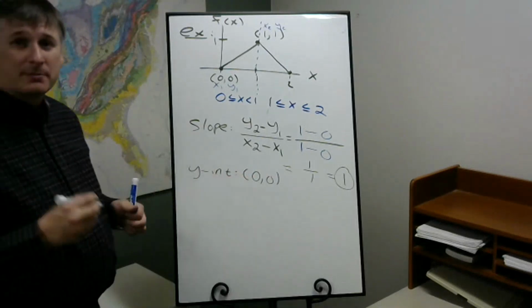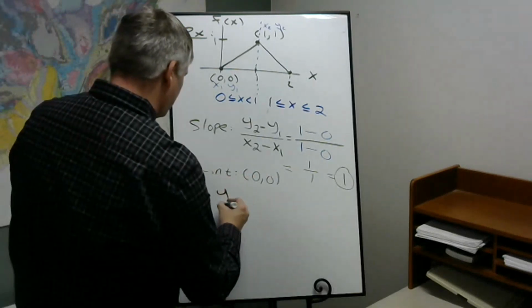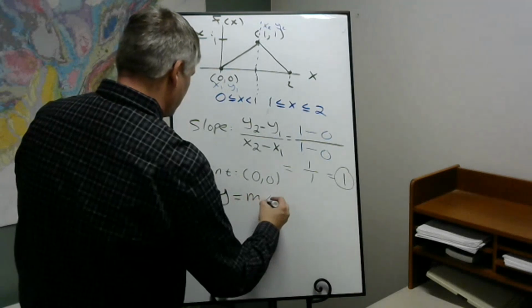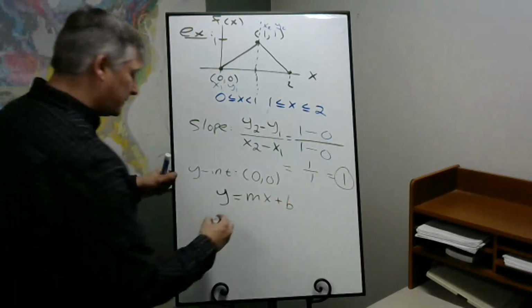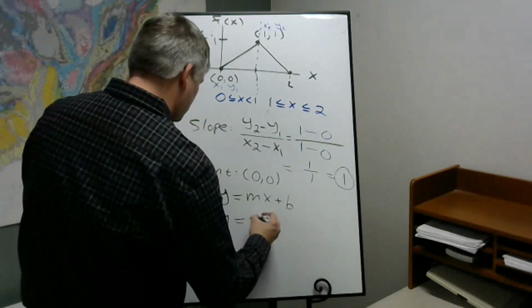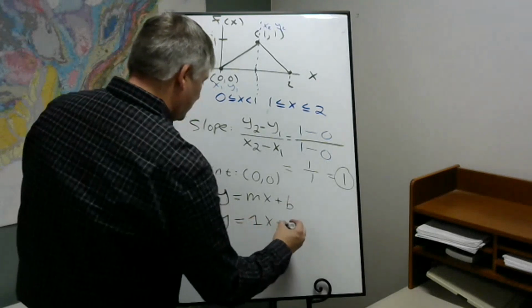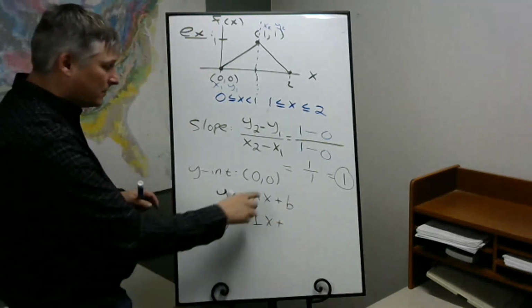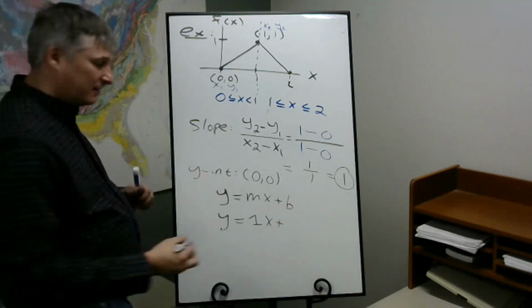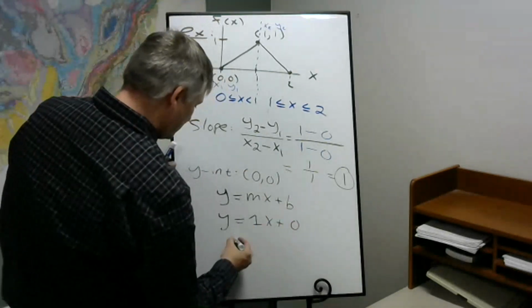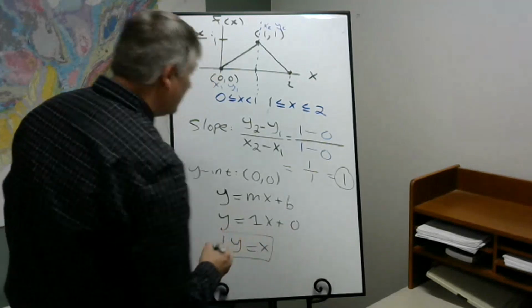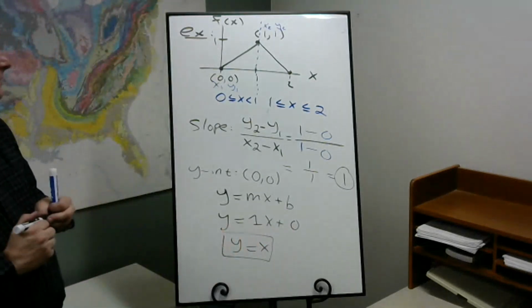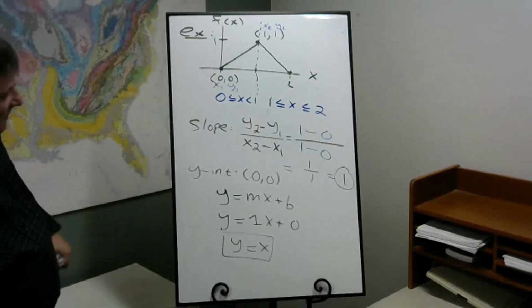So if we go to y equals mx plus b, where the slope m is 1, and the y-intercept, or the y-coordinate here, is 0, then y is just plain x. So that's the first phase of this function.